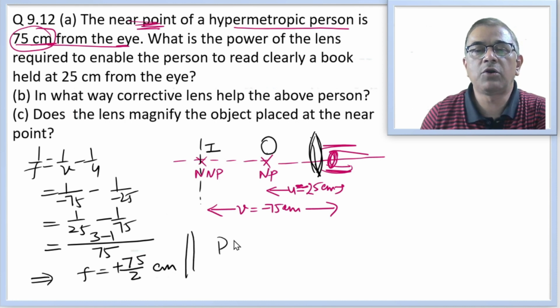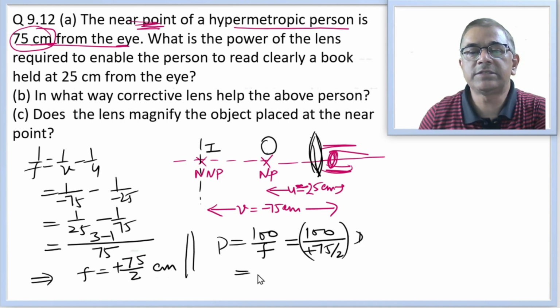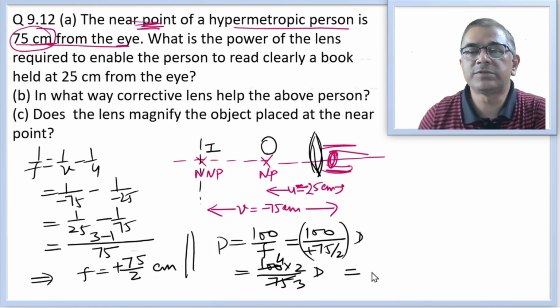Now the power of the corrective lens used should be equal to 100 by F, in terms of diopter. So this is 100 divided by 75 by 2 diopter. Solve it, and this is equal to 100 multiplied by 2 divided by 75 diopter. 25 threes are 75, and this is 4, so the power is plus 8 by 3 diopter, or plus 2.66 diopter.